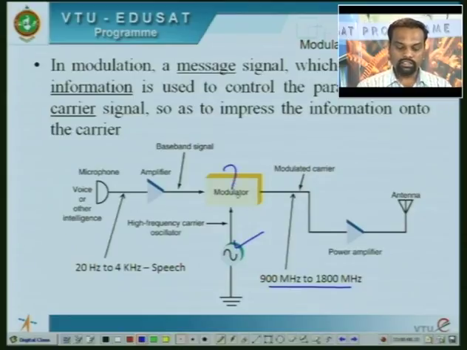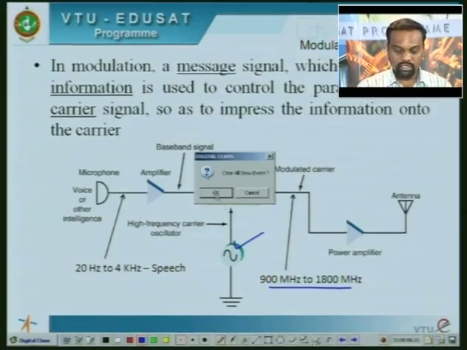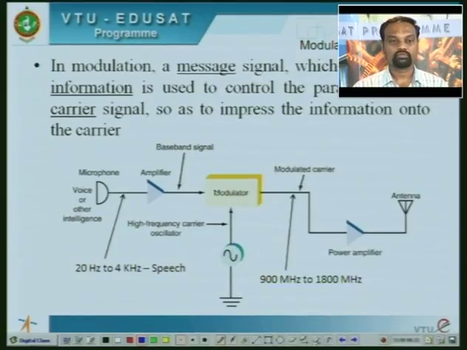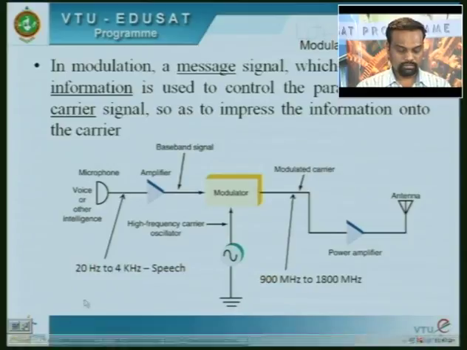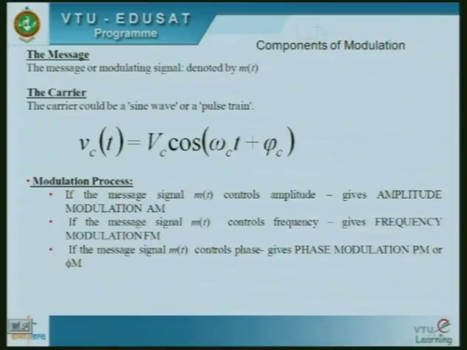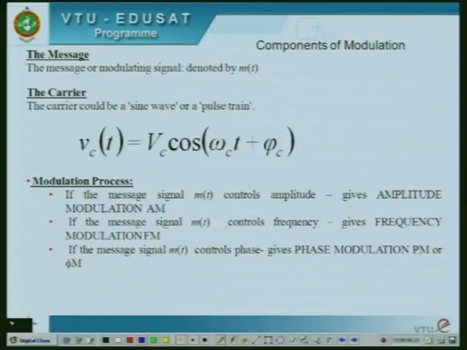Now let us see how this modulation occurs. What is the process of modulation and how does it actually happen? Let us understand the process of modulation. Whenever we talk about modulation, there is a baseband signal called m of t.